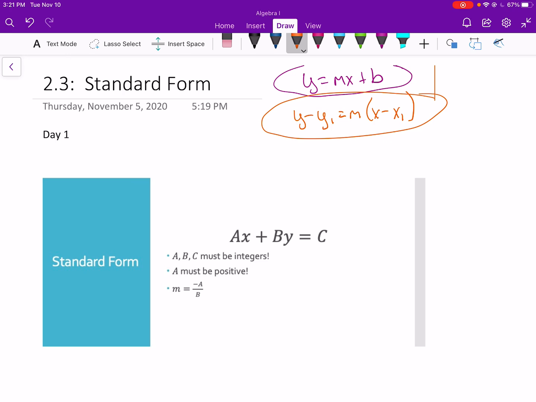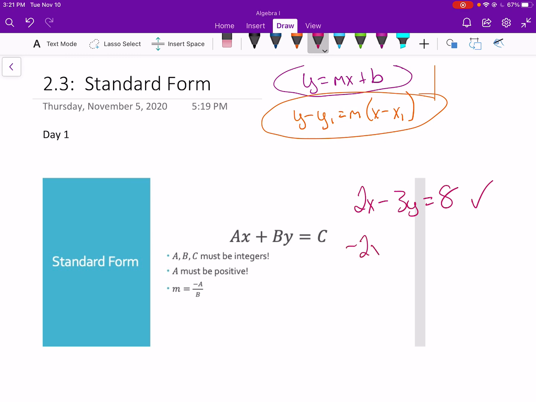Today we're going to talk about the third form, which is standard form, which is ax plus by equals c. A, b, and c have to be integers, and a has to be positive. So 2x minus 3y equals 8 is in standard form.